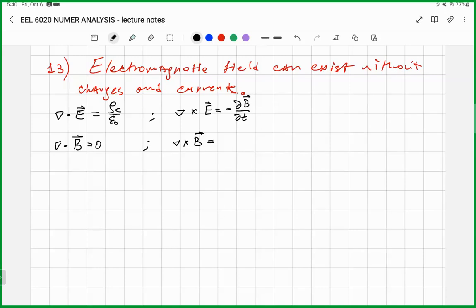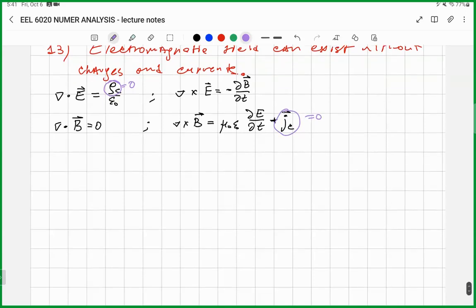So mu 0 times H is B, and now the right hand side is equal to mu 0 times epsilon 0 dE over dt, plus the current of the free charges. So as we said, we assume now that our system has no charges. So this guy and this current are equal to 0. We have no charges in the system.